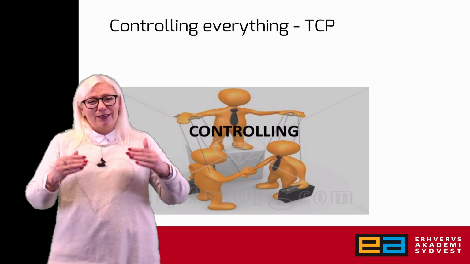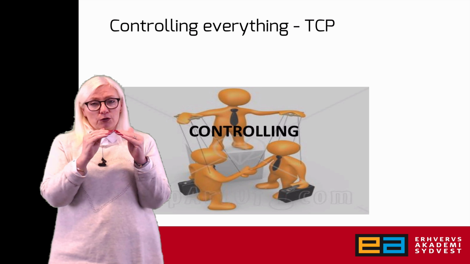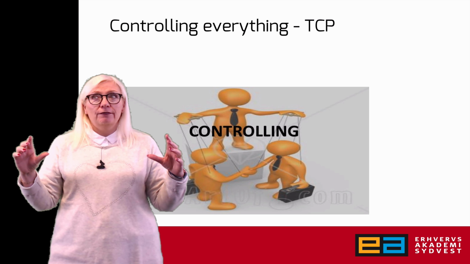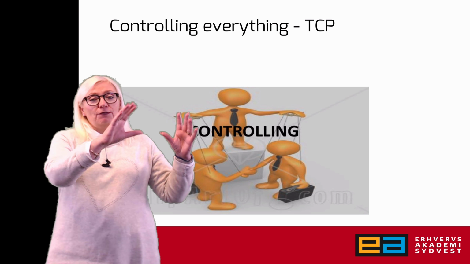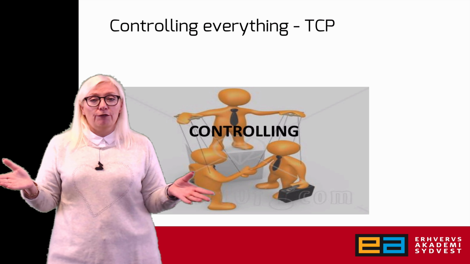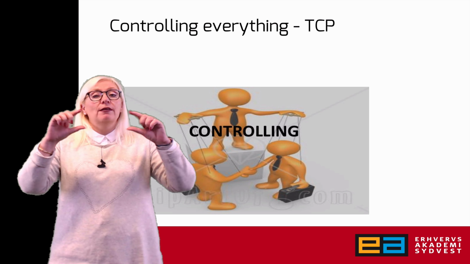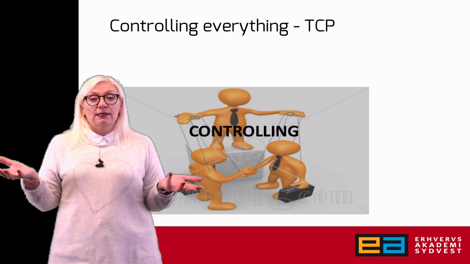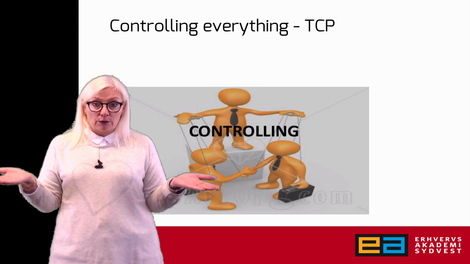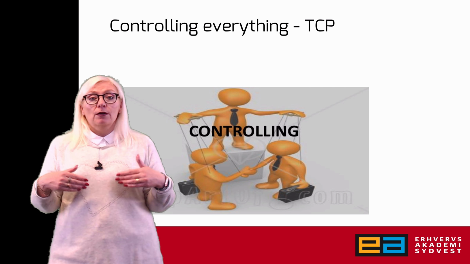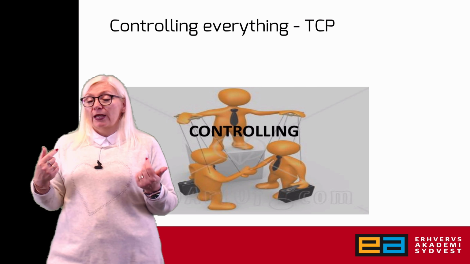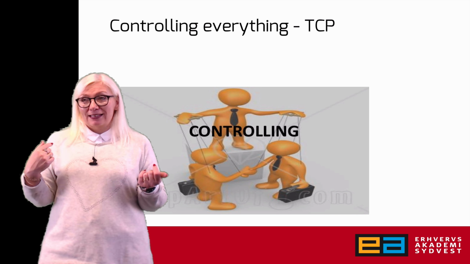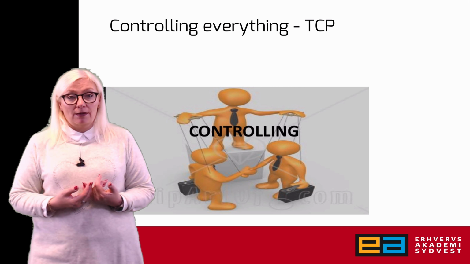Then we move one layer down to the transport layer. Now the protocols don't have a specific application that they work for, but they're working for the entire application layer. And here we have two protocols. We have the TCP and we have the UDP. The TCP protocol is set up if you want to control everything.